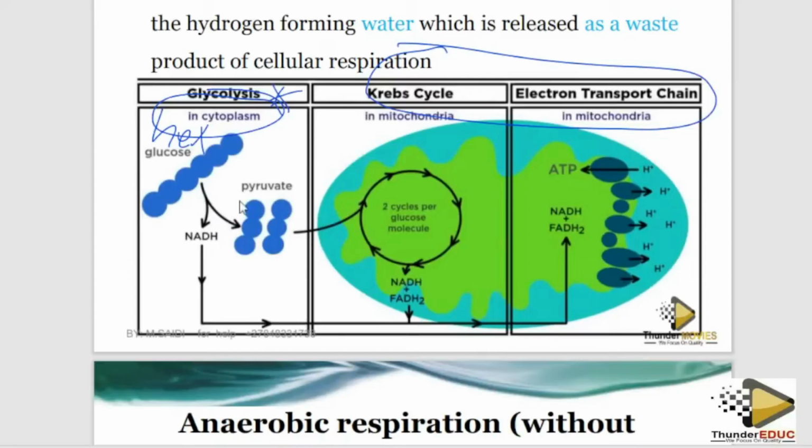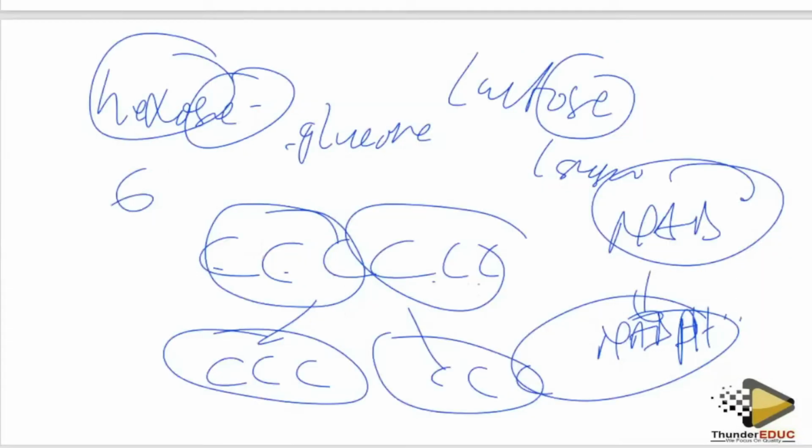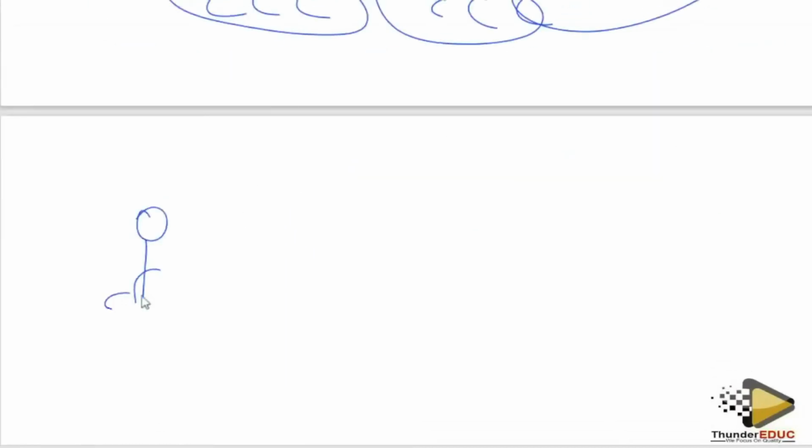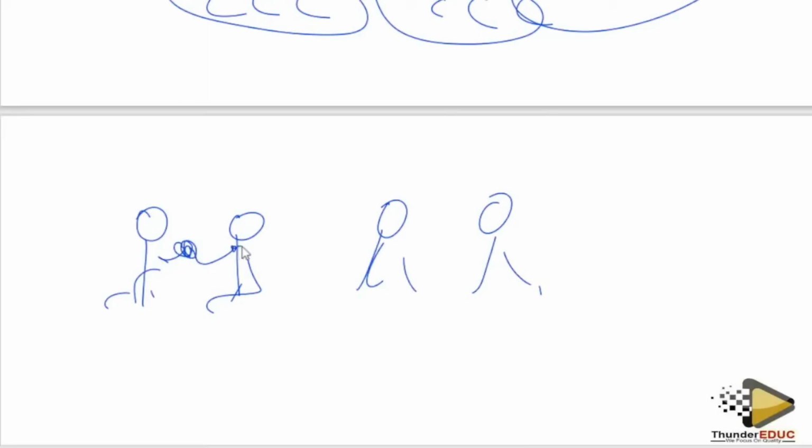Then these two enter the mitochondrion. When they enter the mitochondrion, it undergoes a chain of reactions, and NADH and FADH2 are produced. These two also join the electron transport system. As they move, it's like a ball: you have different boys, and this boy has a ball and gives it to this one, who gives it to this one.